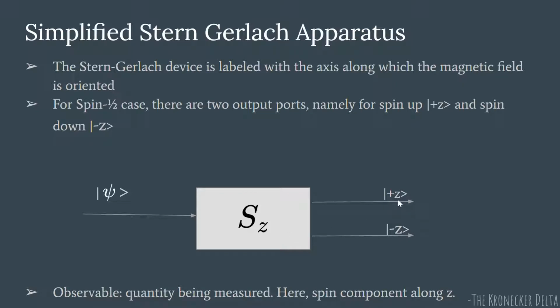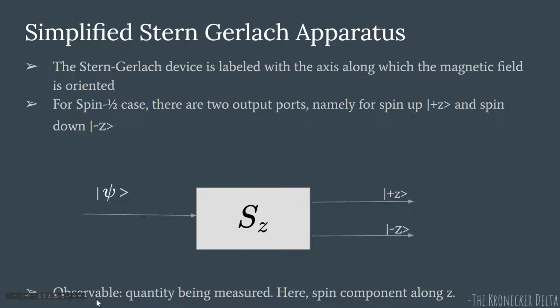We label them by plus z and minus z. This is ket plus z, which represents the beam that goes up, and this is ket minus z, which represents the beam that goes down. They correspond to the z component of the spin vector having the value plus h bar by 2, and minus h bar by 2.